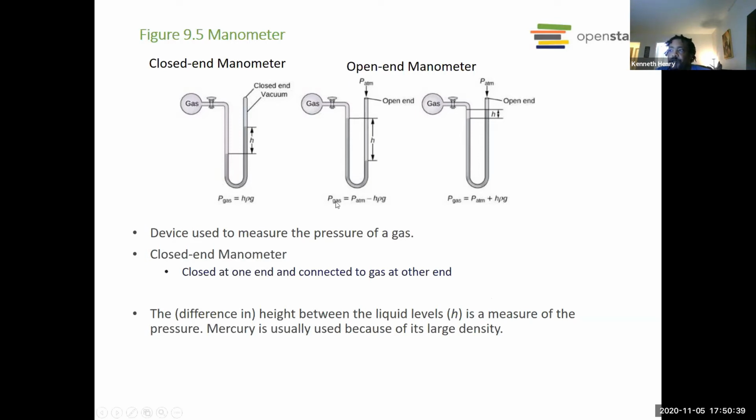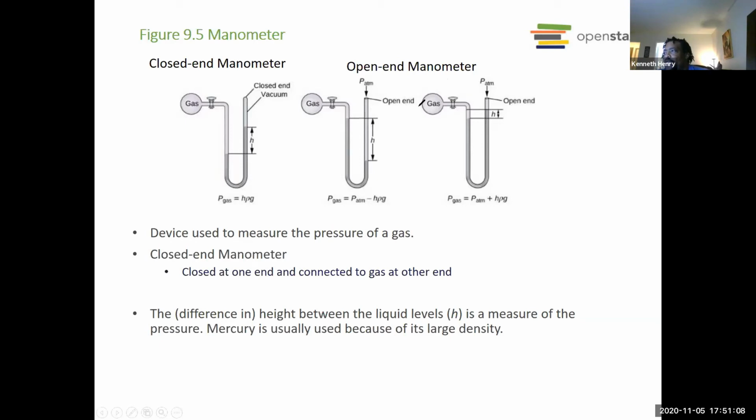If that happens, to calculate the pressure of the gas, you subtract the pressure due to the height, rho g h, from the atmospheric pressure. I'll give you an example here in a second.